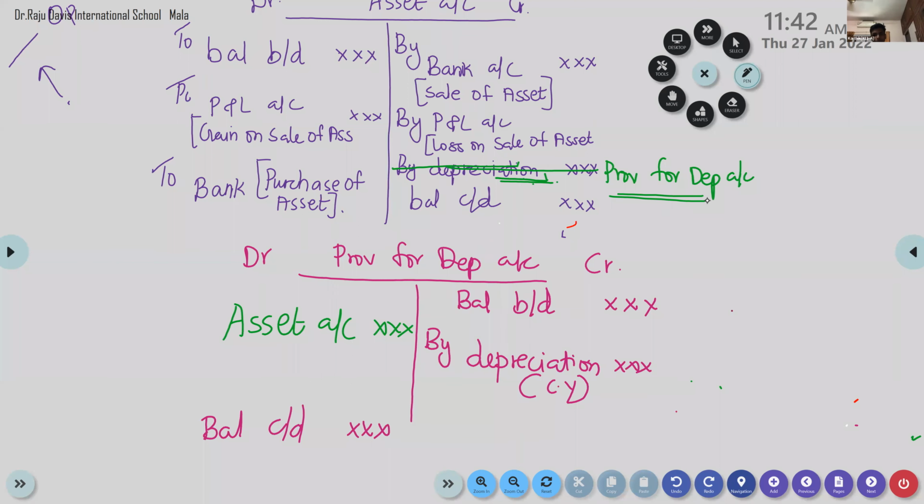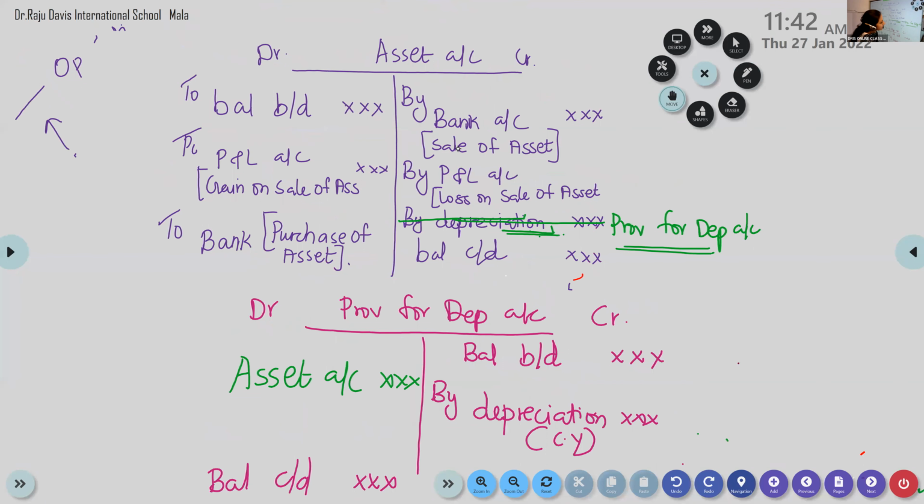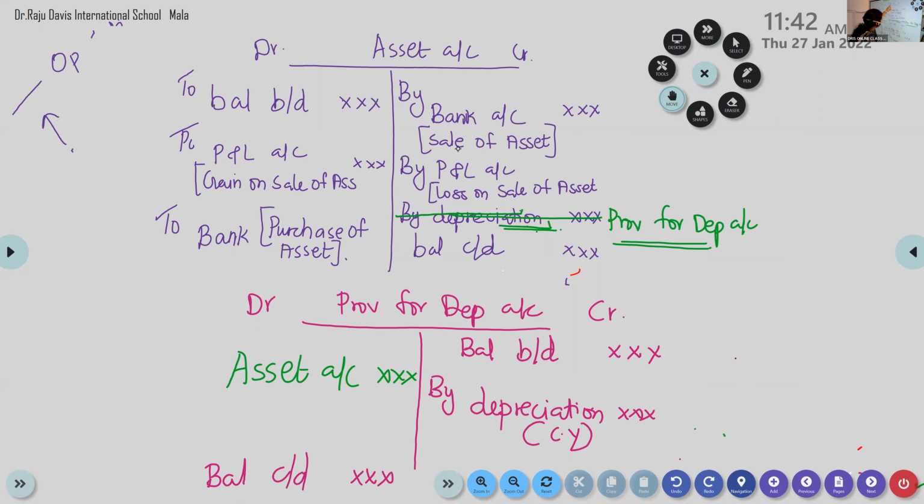Understood? And now see, this was an asset account, correct? And for the provision for depreciation account, the journal entry is provision for depreciation account debit to asset.